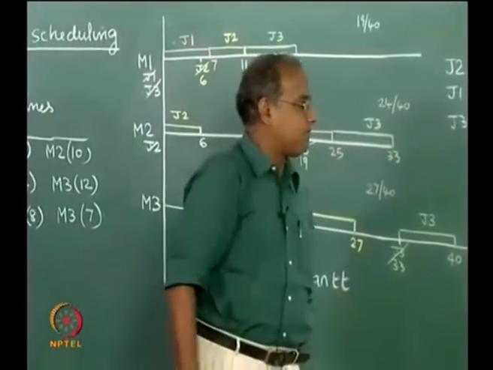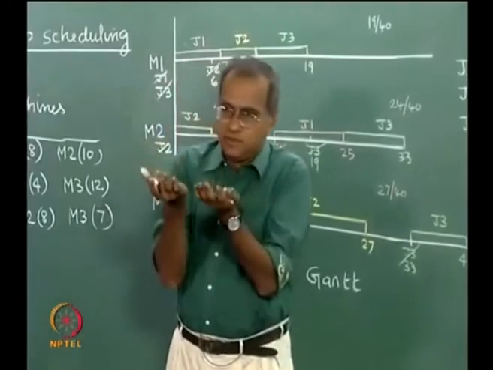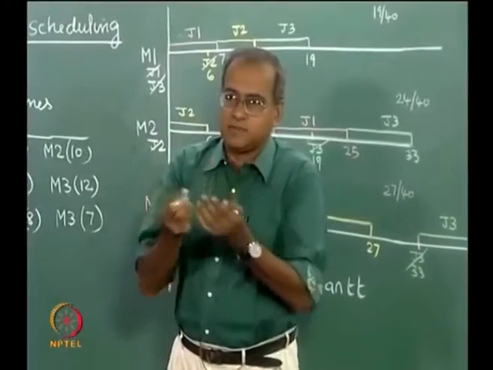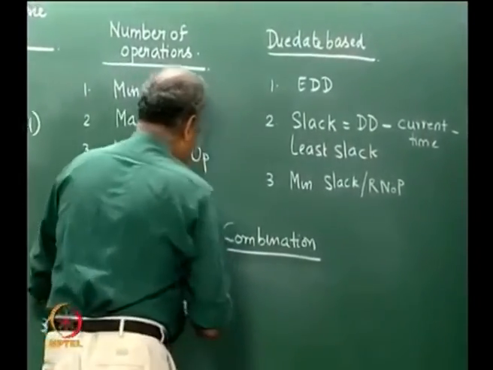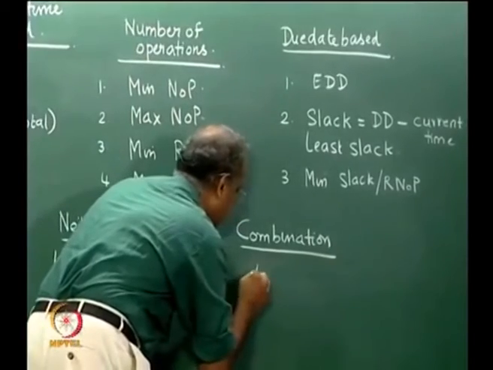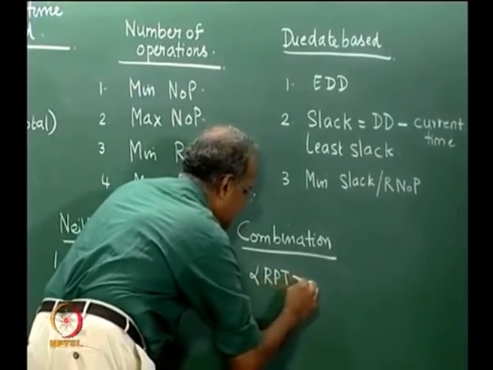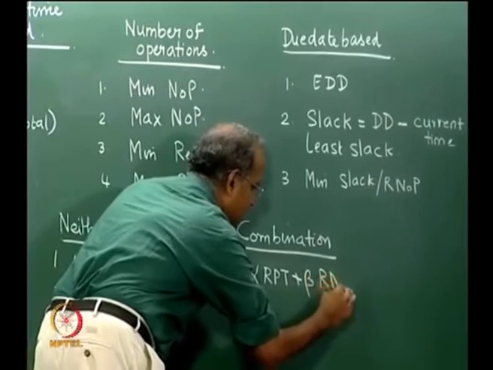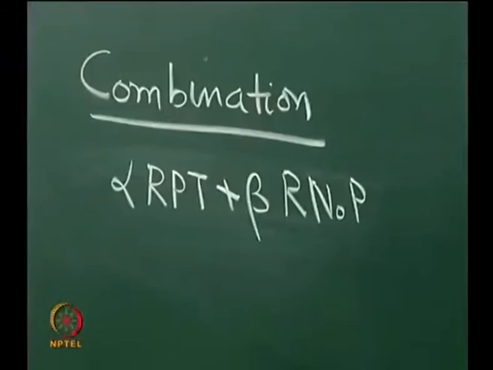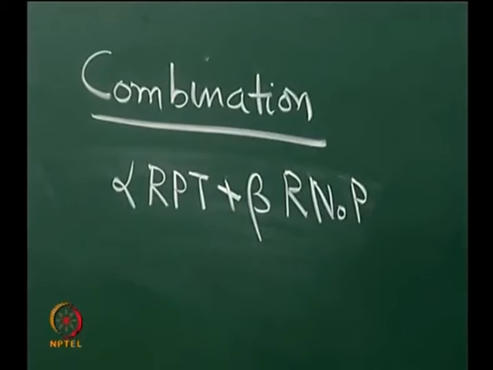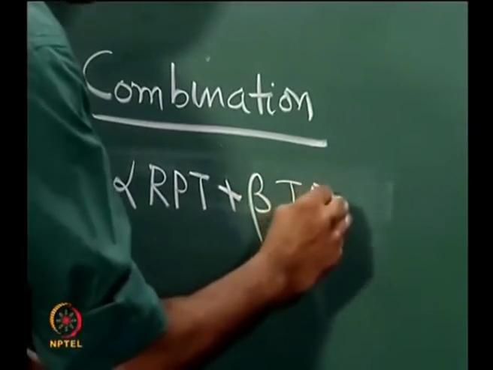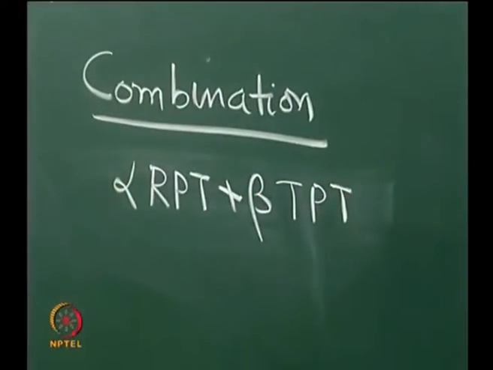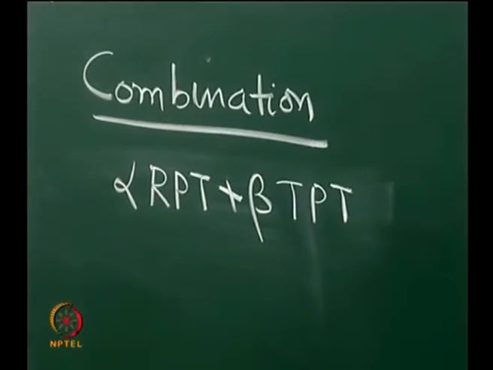So, a simple example would be to weigh the processing times, or we could use, can't use alpha SPT plus beta LPT, but we could use alpha into remaining processing time plus beta into remaining number of operations, or beta into total processing time. That can be a combination rule. So, we could have rules like this.